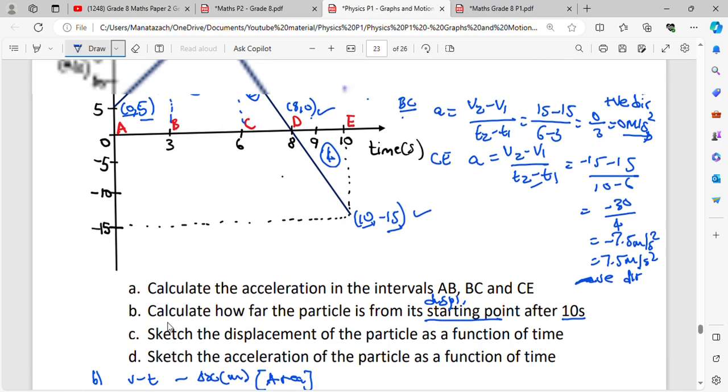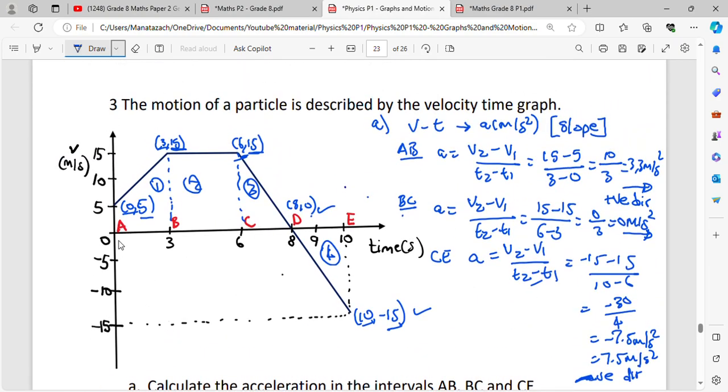This is a trapezium. This side here is 5, the height in between is 3, and the length there is 15.